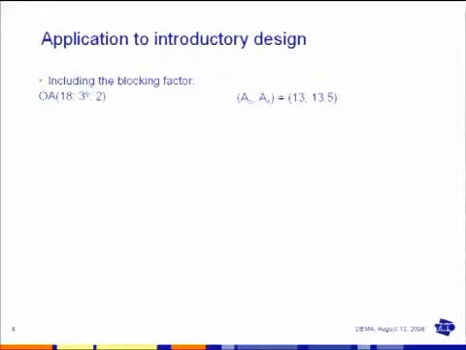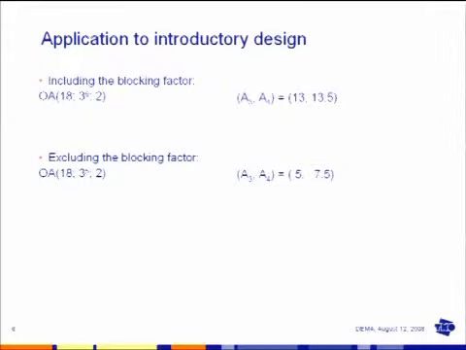That's an odd feature of the generalized word length pattern, that you can have non-integer numbers in the positions of the vector. If we only look at the treatment design, so excluding the blocking factor, we have to do with a 5-factor design, and this design has 5 words of length 3 and 7.5 words of length 4.